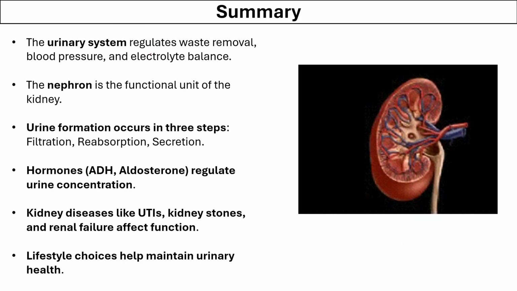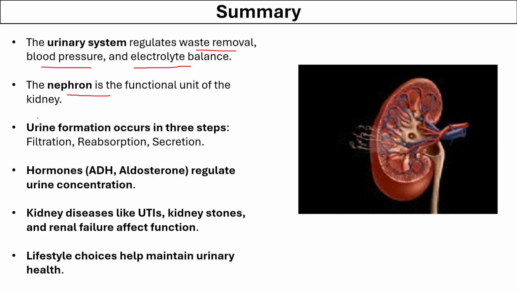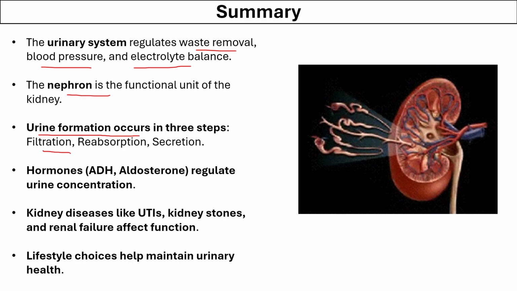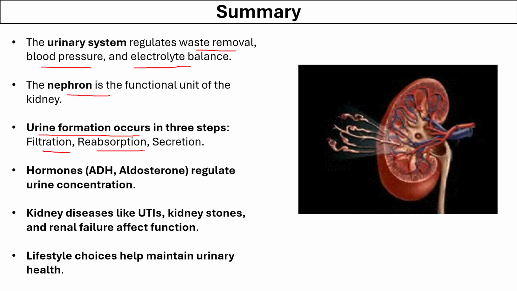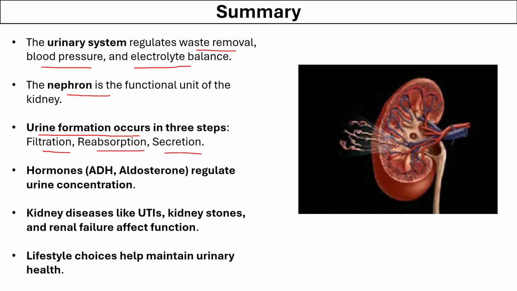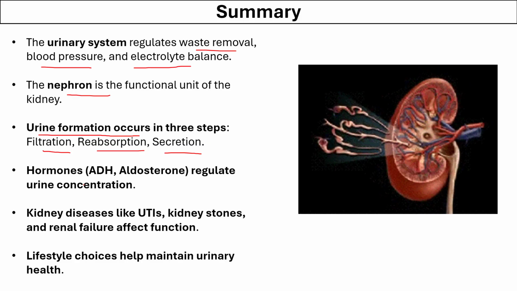So the urinary system regulates the removal of waste, maintaining blood pressure and electrolyte balance in your body. Nephrons, the tubules, are the main functional unit of our kidney. Urine formation involves three main steps: filtration from the Bowman's capsule, reabsorption in the proximal convoluted tubule and loop of Henle, and secretion mainly in the region of the distal convoluted tubule and collecting duct.